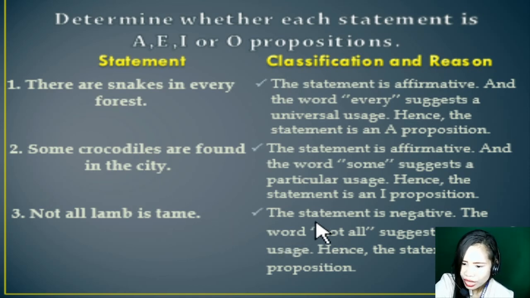Here, the statement is negative. The word not also suggests a particular usage. Hence, the statement is an O proposition. So, not all, meaning you are just choosing some. Particular negative, that is O proposition.